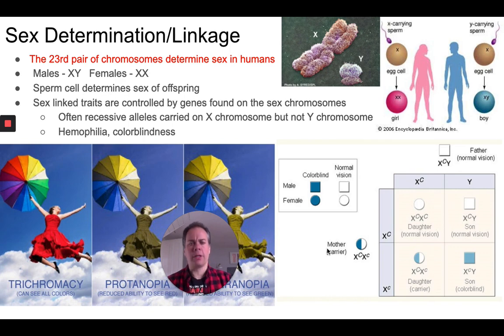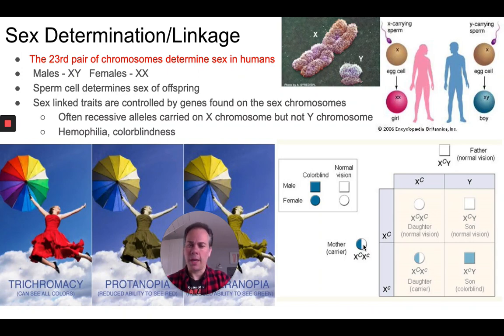So we put the father's chromosomes here, X big C, and Y. Then let's look at the mother. She's a carrier for color blindness, so she has two X chromosomes. One of those X chromosomes is carrying the normal vision allele, and the other is carrying the small c, which represents the colorblind allele.